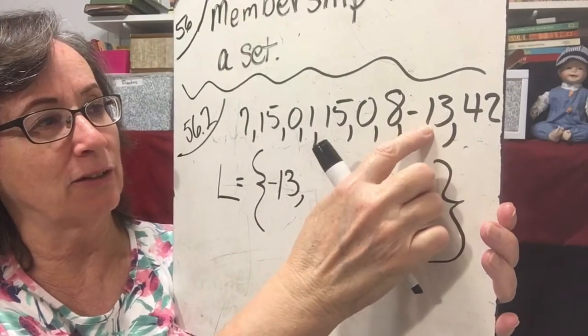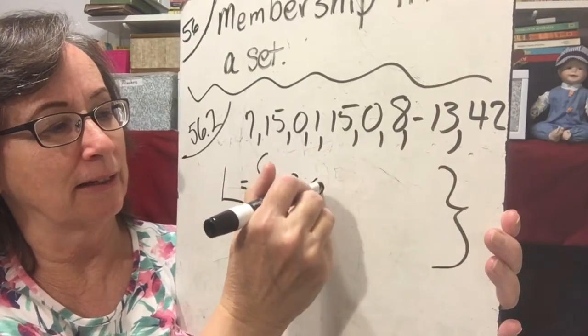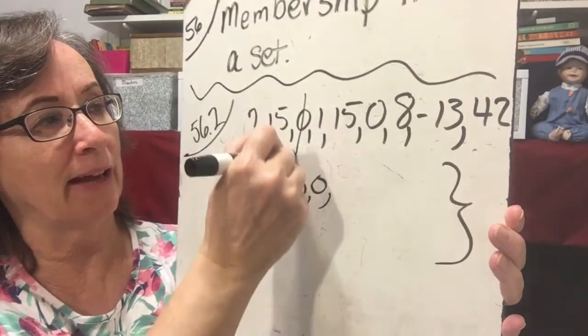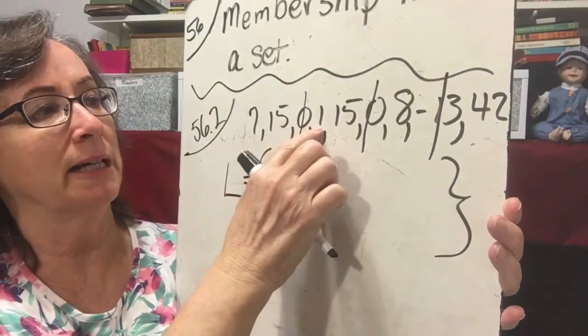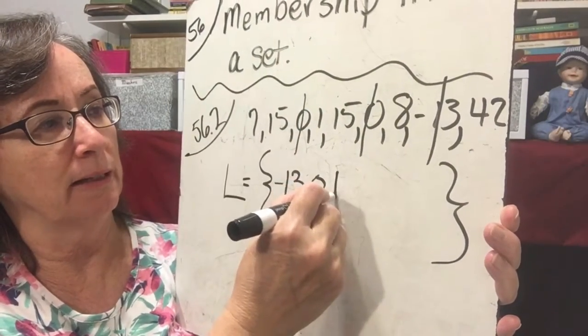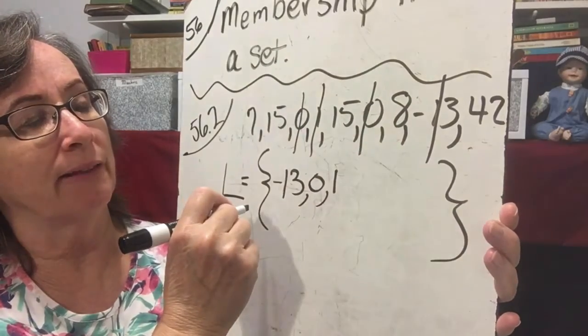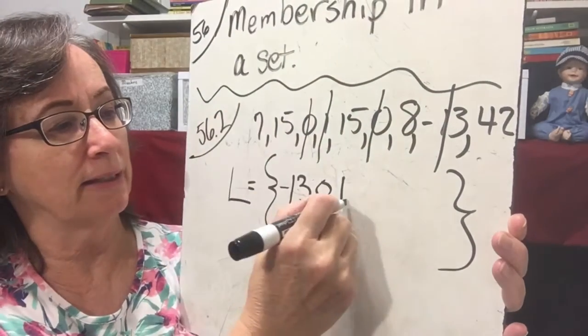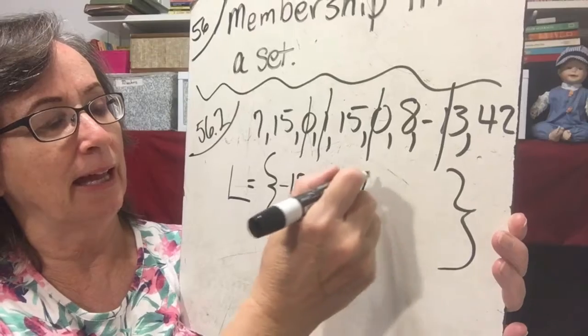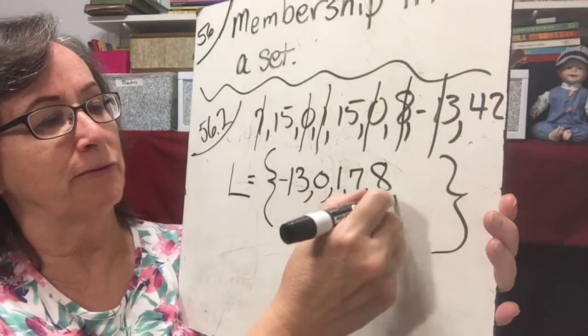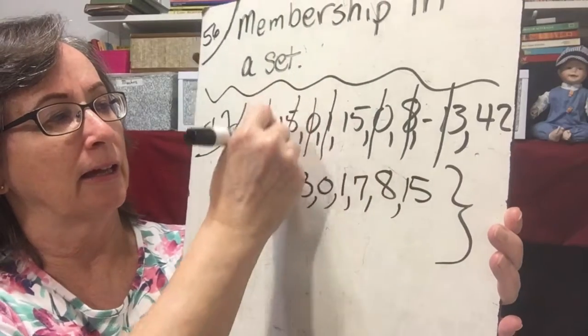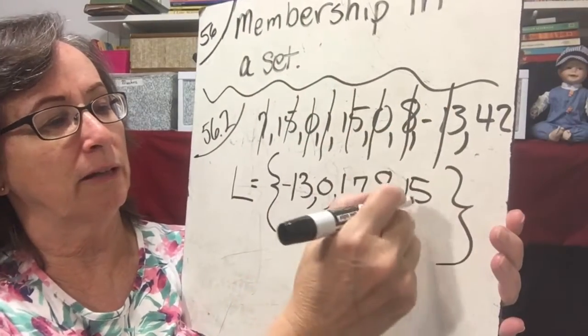So negative 13, 0. Okay, so I've taken care of those, haven't I? And then, oh, I've got a 1, so I'll put a 1. And then I've got the next number up would be a 7 and an 8. And we jump to 15 and then a 42.